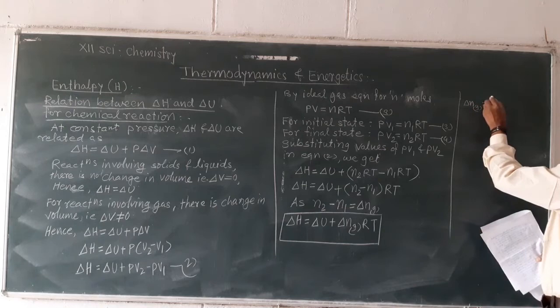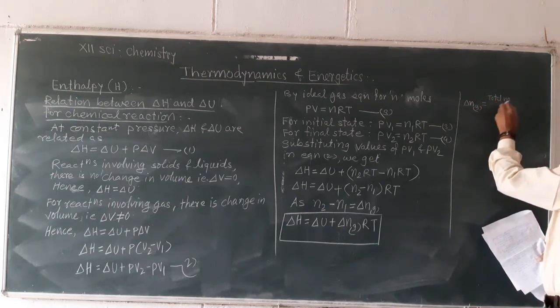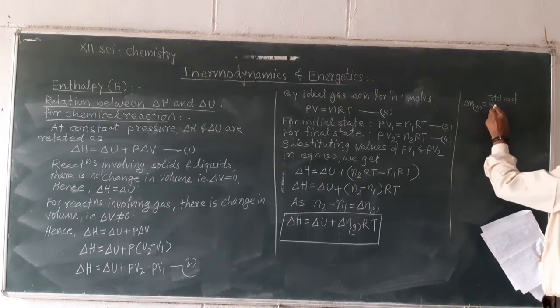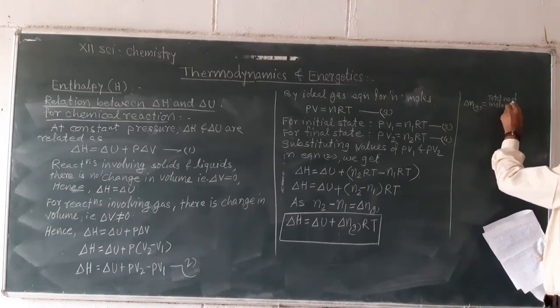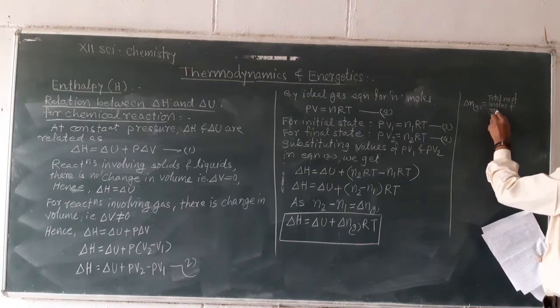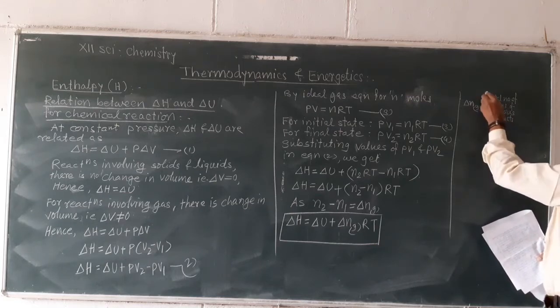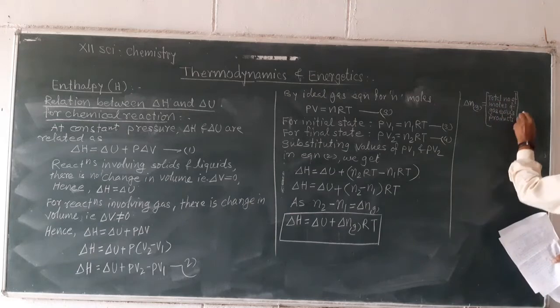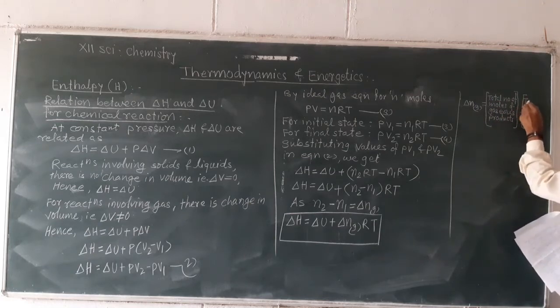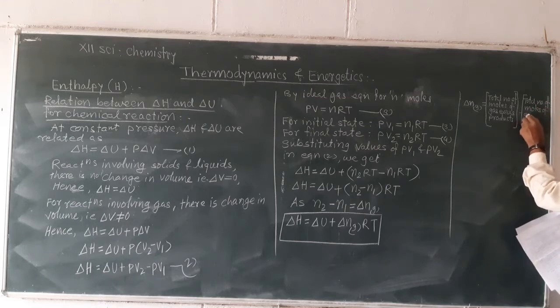Delta Ng will be equal to the total number of moles of gaseous products minus the total number of moles of gaseous reactants.